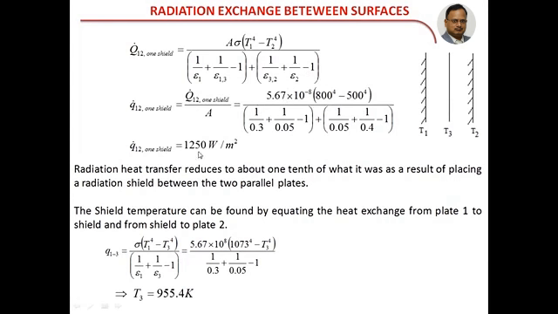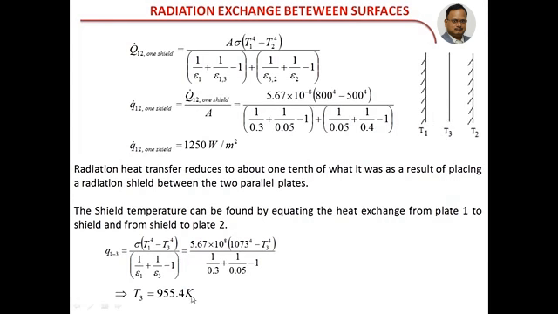So by substituting, for Q12 you will get 1.25 kilowatts per meter square. So almost the radiation heat transfer reduces by 10 times, or it becomes 1/10, by keeping only one radiation shield.